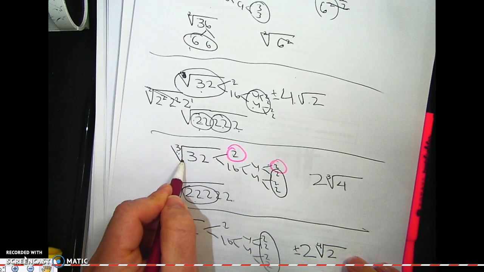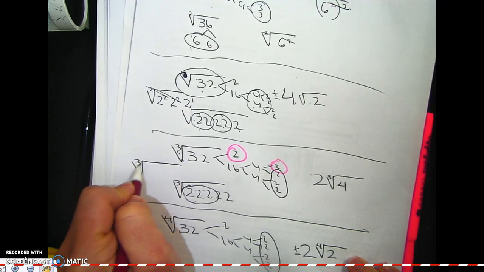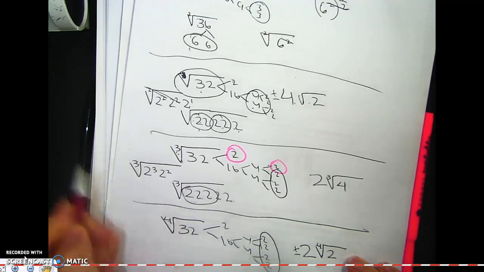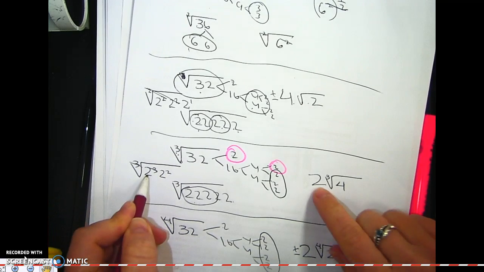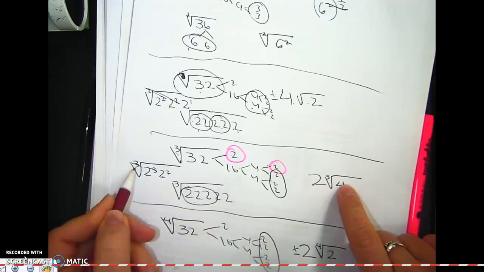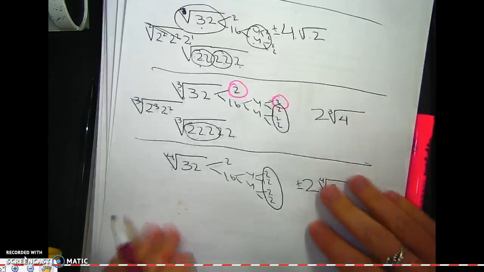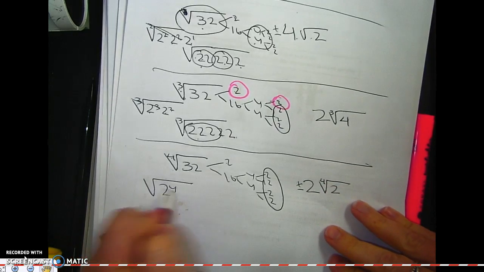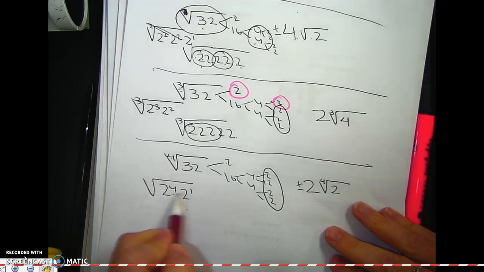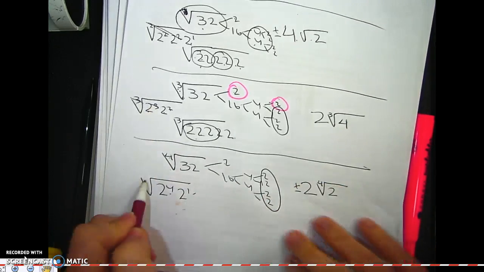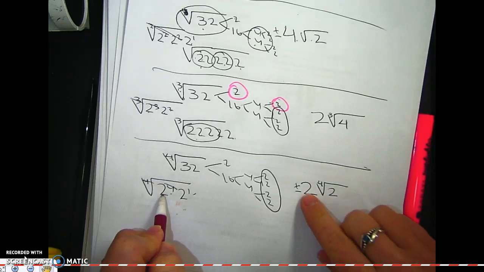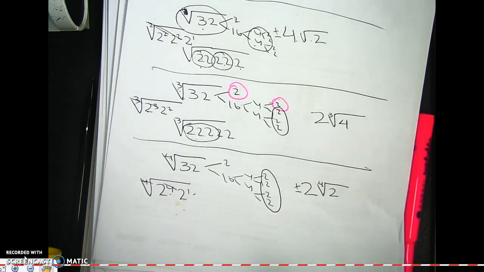Or if you see 32, and you do the cube root, it's 2 cubed, 2 squared. So that would be gone. There's your 2, and 2 squared is 4, cube root. If I did it here, I could see it as 2 to the 4th, 2 to the 1st, because that makes 2 to the 5th each time. That's gone. There's your 2, and then you have 1, 2 left.